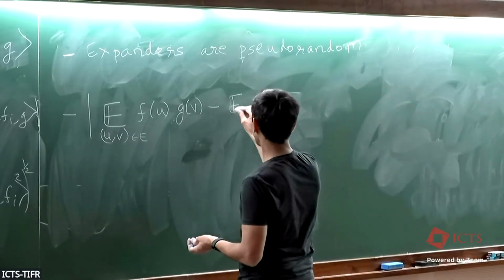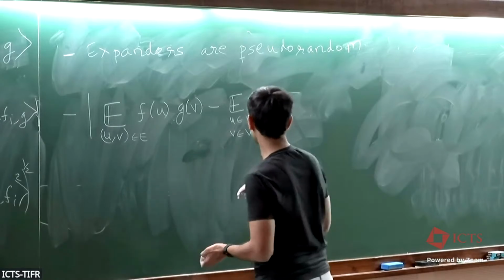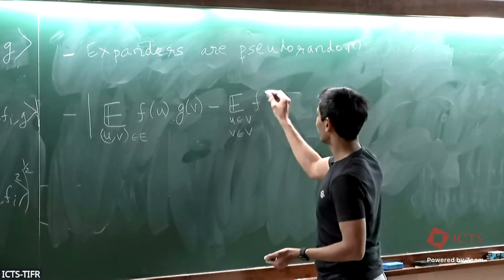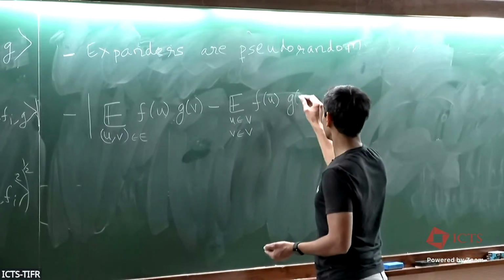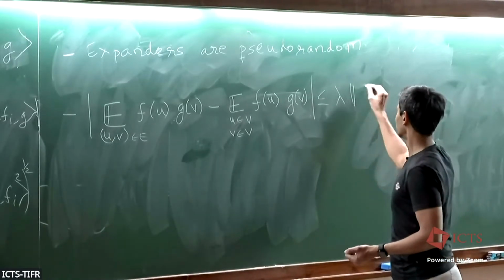Since I have two expectations, I can write them as picking U a random vertex, picking an independent random vertex V, and looking at F of U times G of V. And then this is less than or equal to lambda times whatever the bound is.